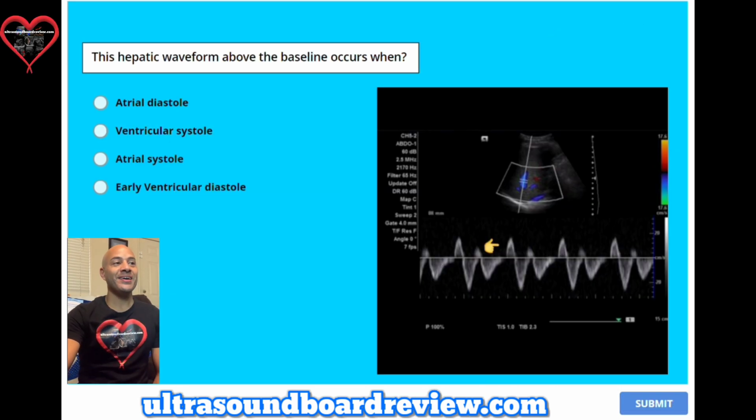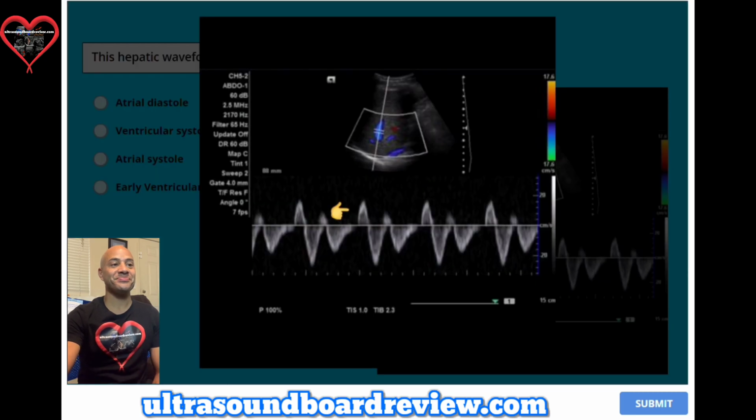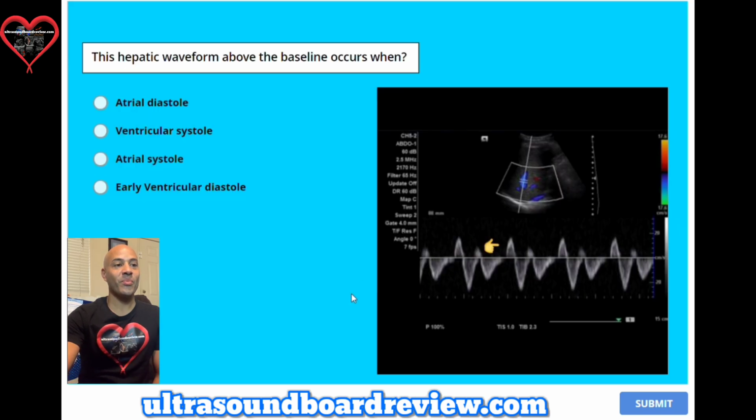Question 92. This hepatic waveform above the baseline occurs when? A, atrial diastole, B, ventricular systole, C, atrial systole, or D, early ventricular diastole? The answer is C, atrial systole.